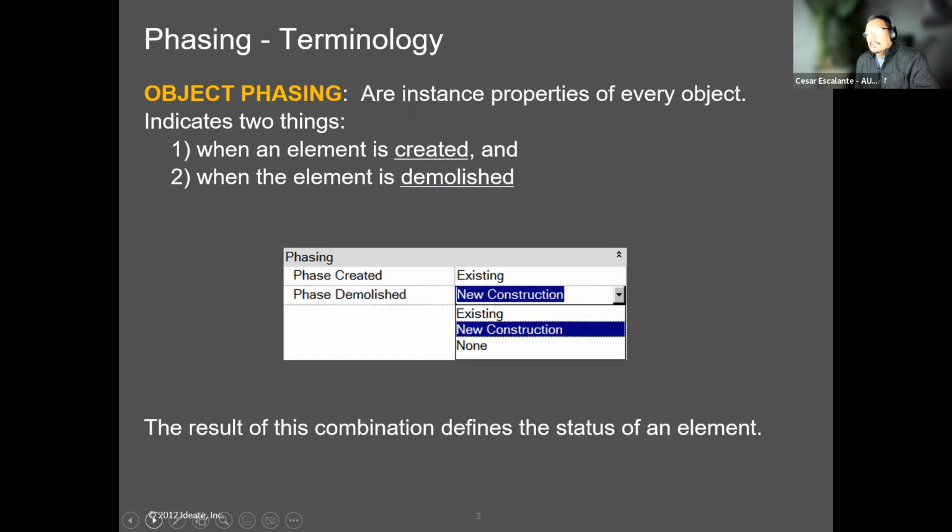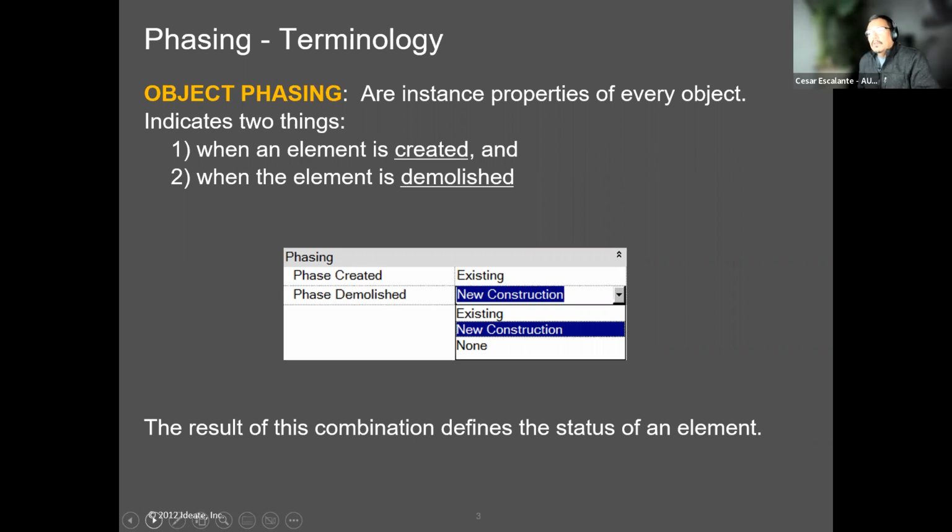Object phasing. Those are instance properties, unique to an object. Every geometrical object in Revit has two pieces of information associated with it: in what phase, when in time, this element was created, and when in time this element disappears.